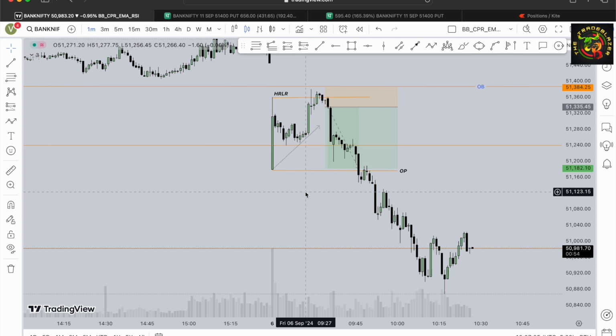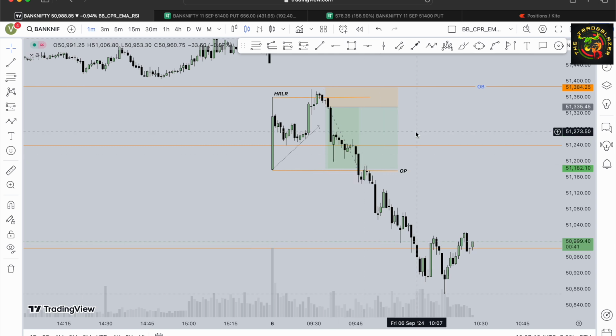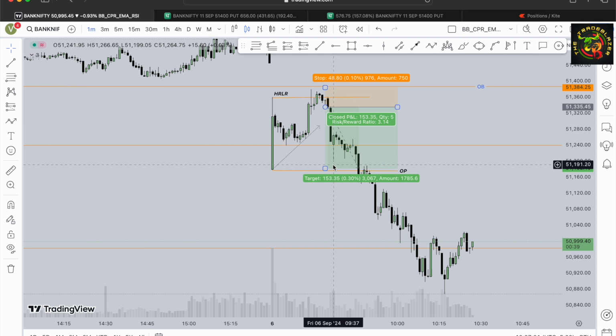Most of the time what happens is, let's say once it reaches the low of the day, it may stay sideways and it may give a pullback up. It can do all sorts of nonsense, which obviously takes away your profit.